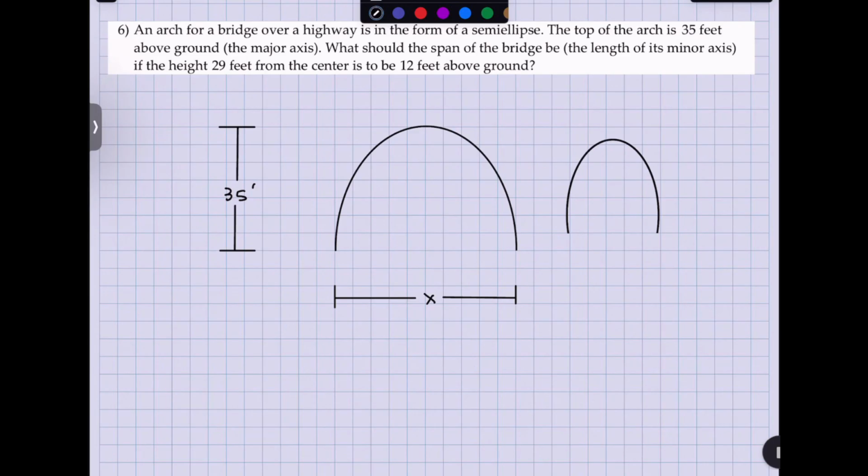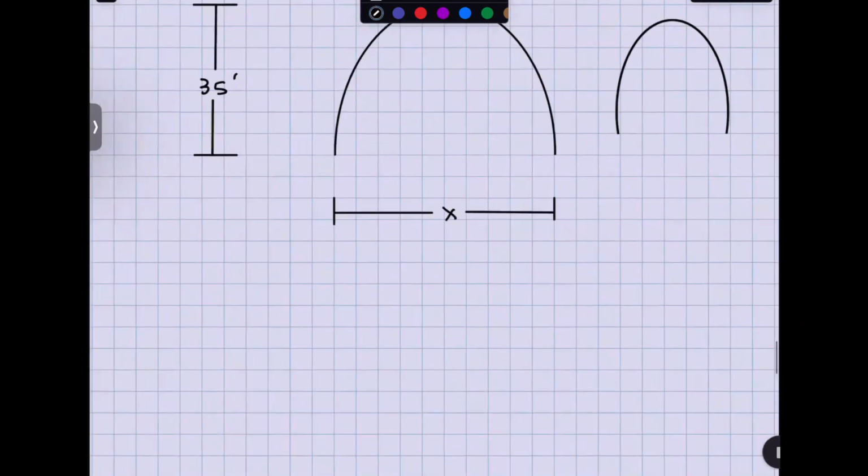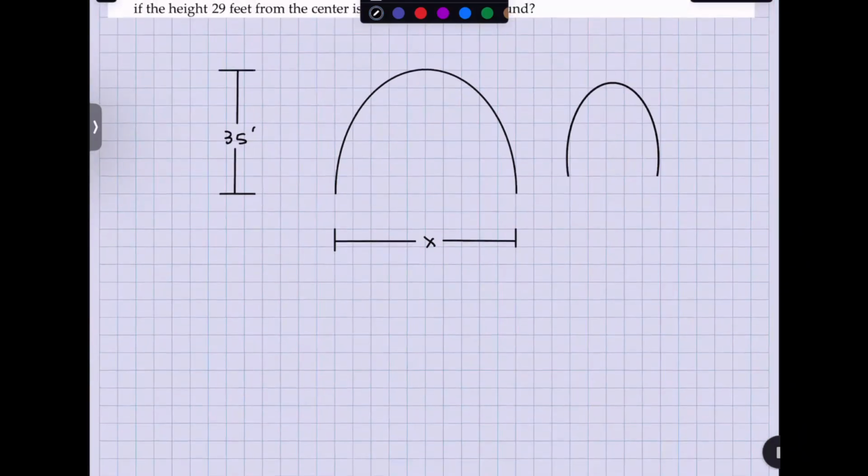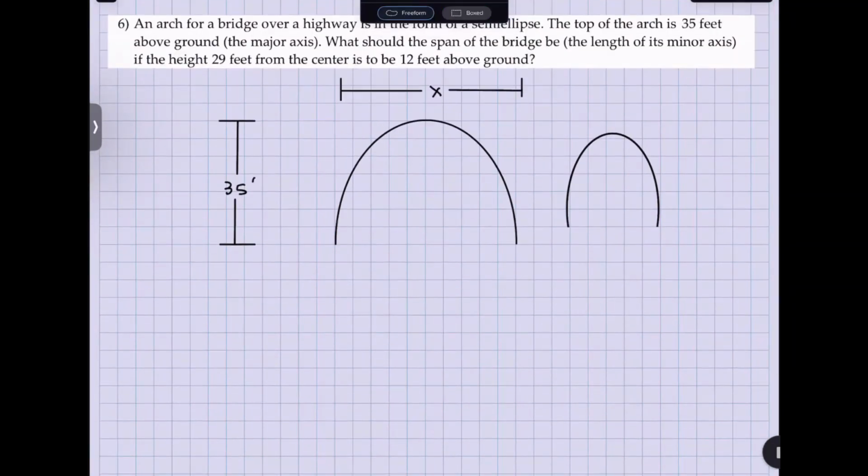Oh, actually, no, the other way. It's going to be even shorter. So the center, here, let me do this here. This goes up here. So the center is 29 feet from the, if the height 29 feet from the center is 12 feet above the ground.